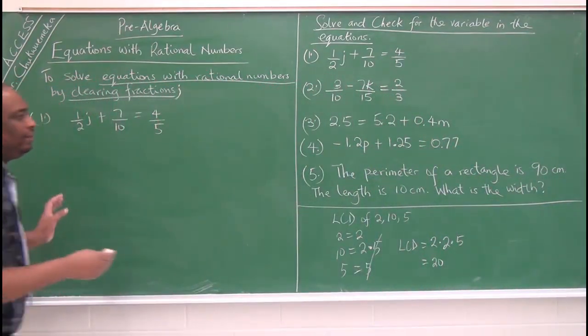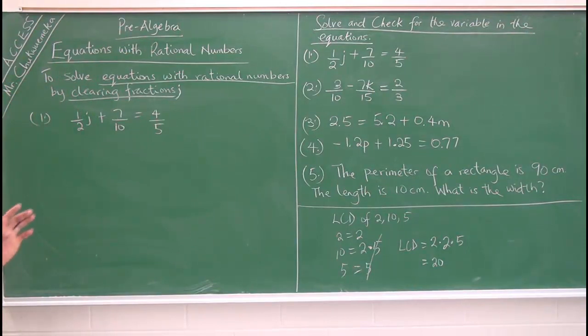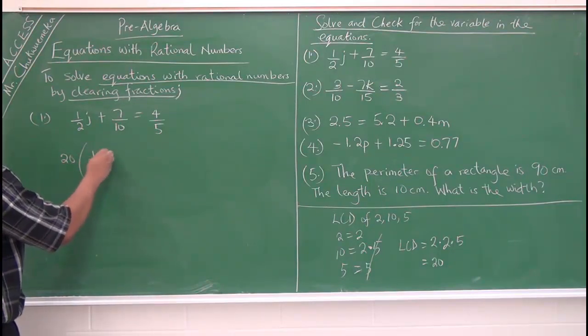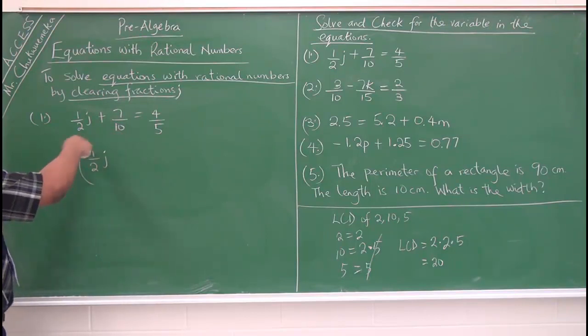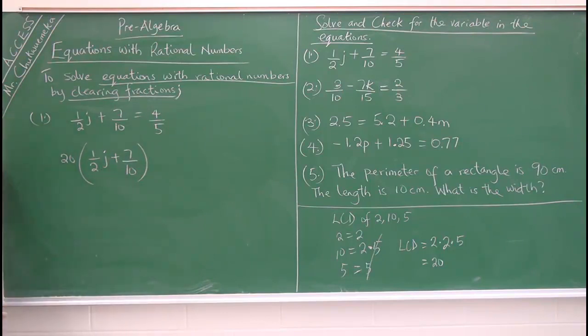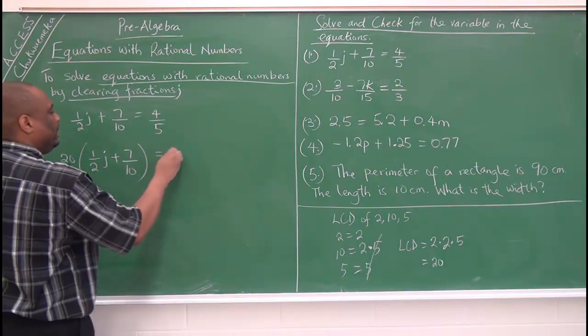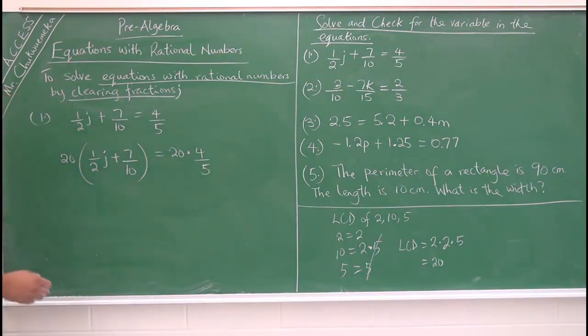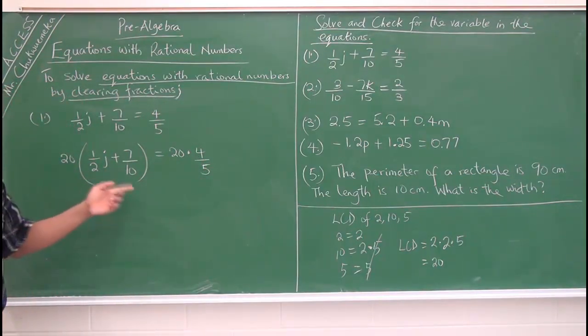So what we have to do now is use the LCD to multiply both sides of the equation. So this will be 20 times 1 over 2 times j plus 7 over 10 equal to 20 times 4 over 5. Now, you can apply the distributive property here.